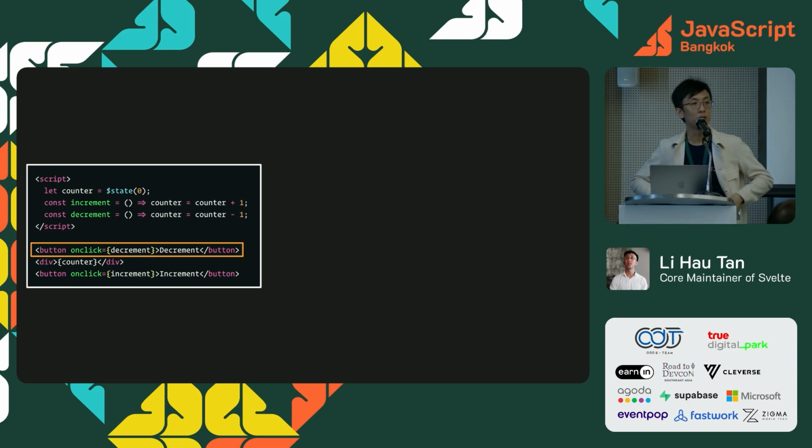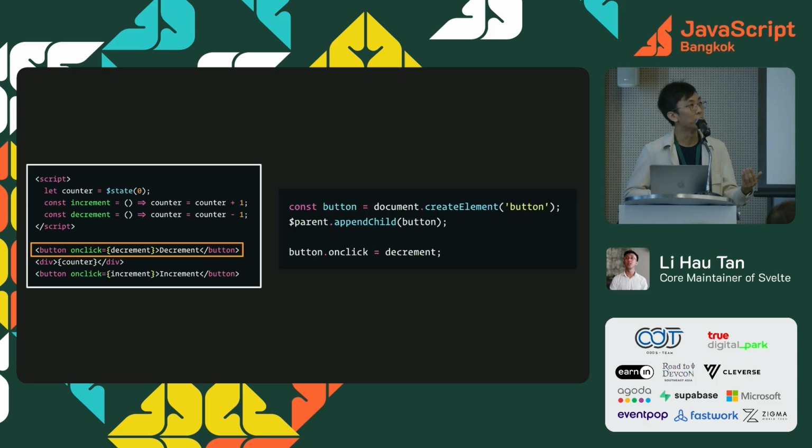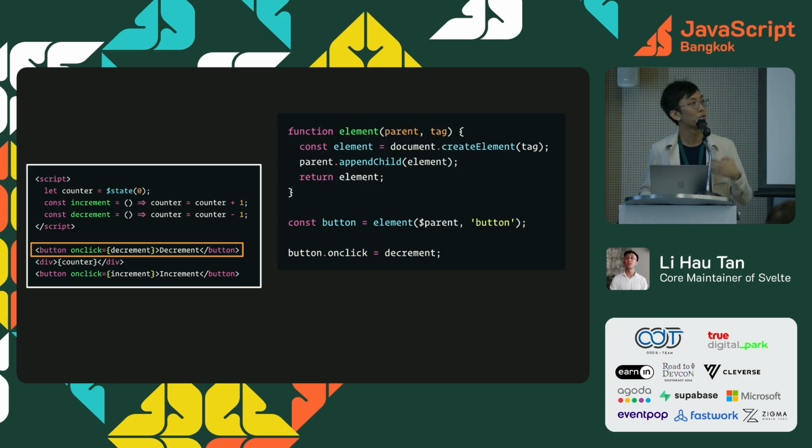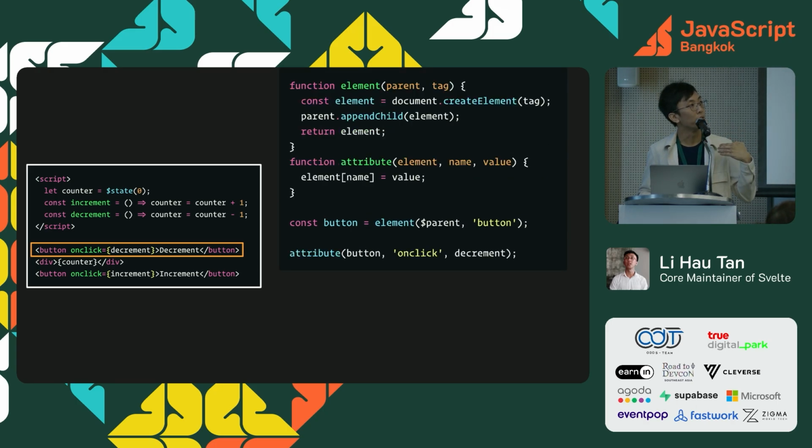So let's take a look at this button over here. What's the best way of creating a button like this? Well, it's going to be creating an element using the DOM API, createElement and appendChild. And these two methods, we're going to use many, many times. So let's extract them into an element function and also extract out an attribute function.